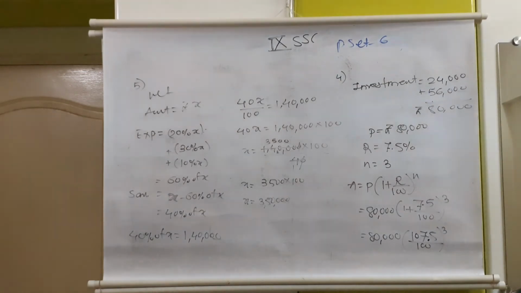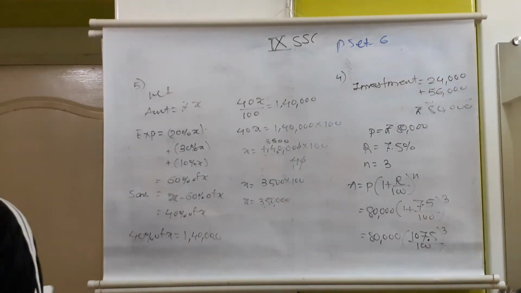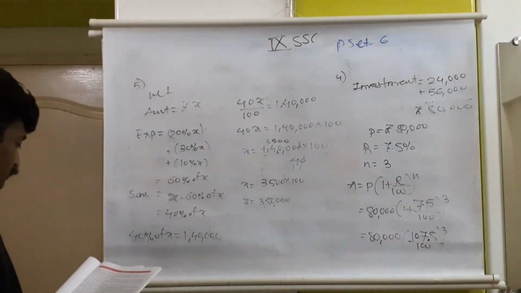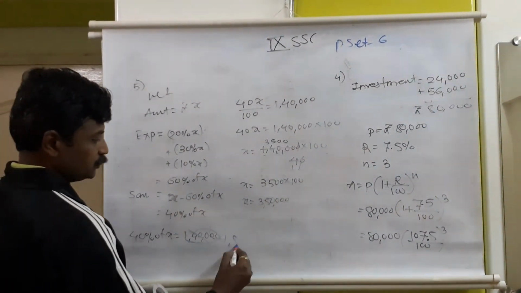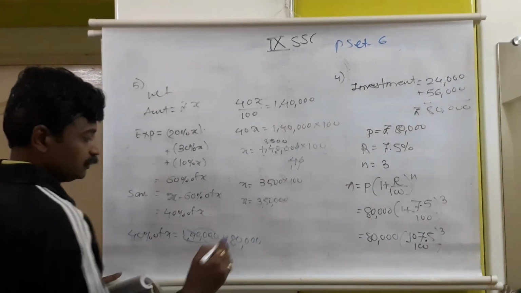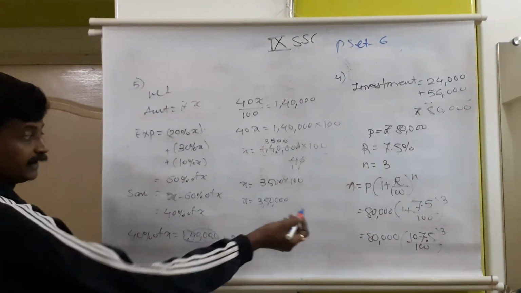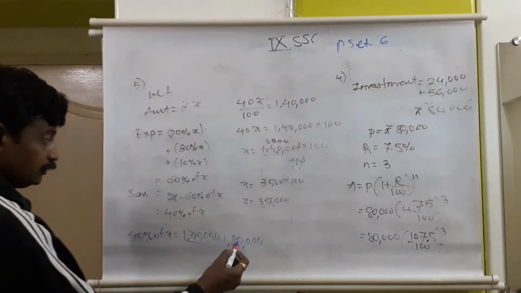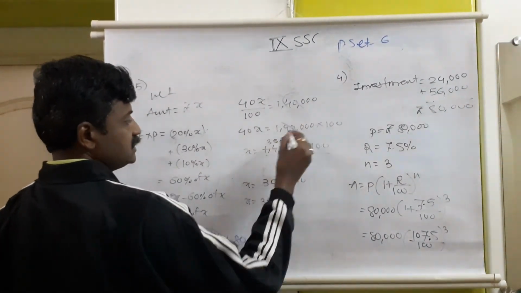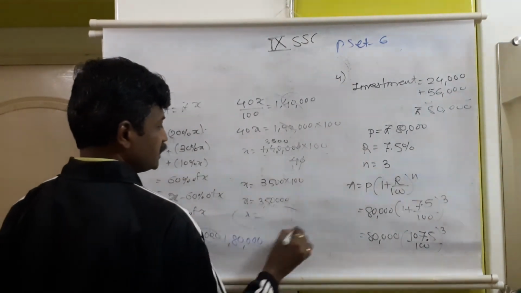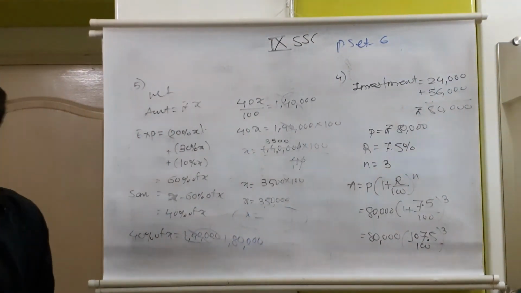I have taken there 1,40,000. It is not 1,40,000. It is given as 1,80,000. So with 1,40,000 I found 3,50,000. If the amount in hand is 1,80,000, this will change and then you will get the correct answer. So this is your today's homework.